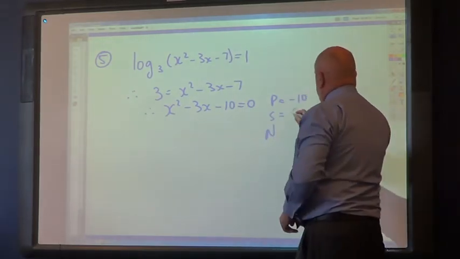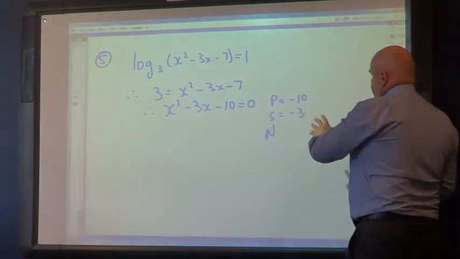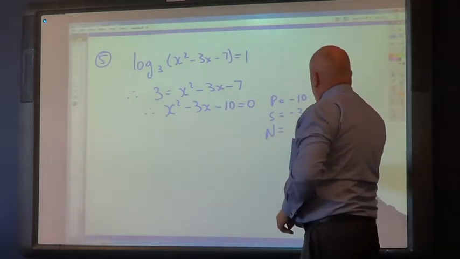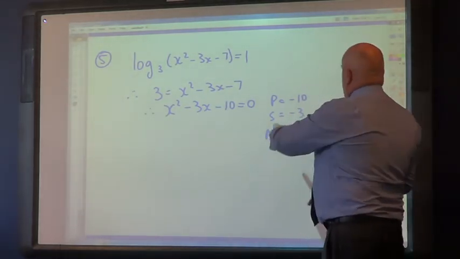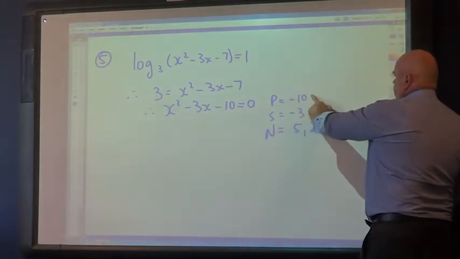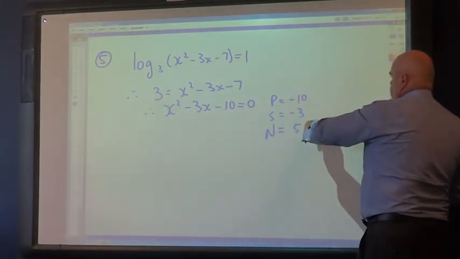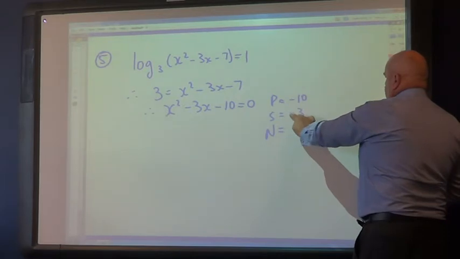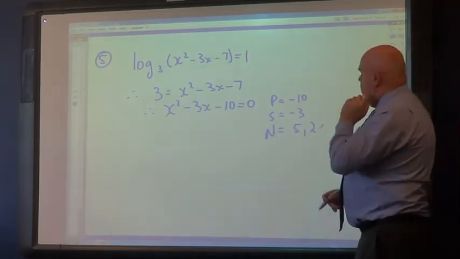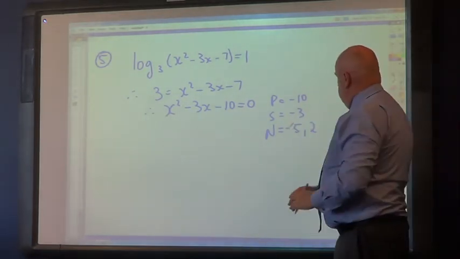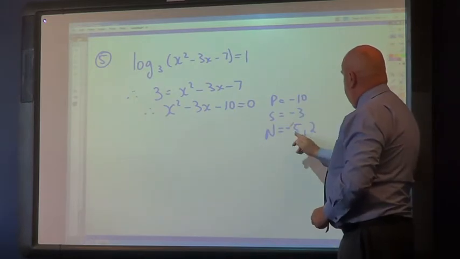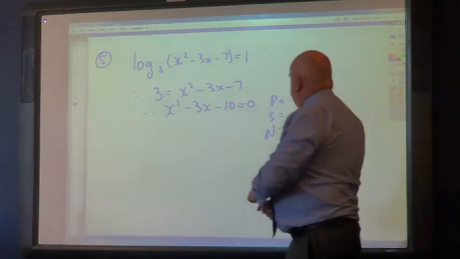The sum is negative 3. It seems our numbers will have something to do with 5 and 2. That's telling us one of them is negative, because a negative times a positive is a negative. That's telling us that the larger of the two in magnitude must be the negative one. Let's just check it. That times that, yup, equals that. That plus that, yup, equals that.